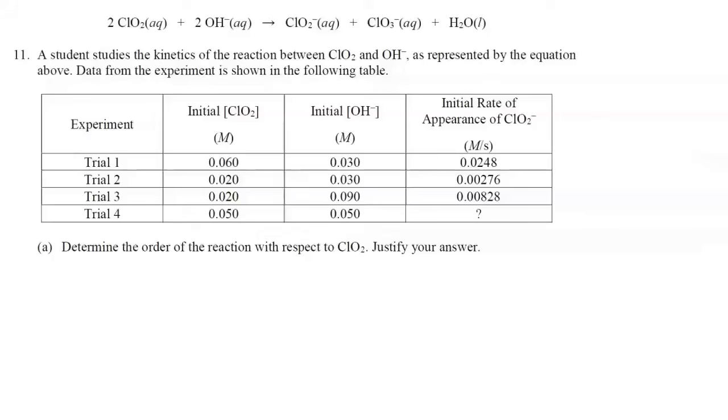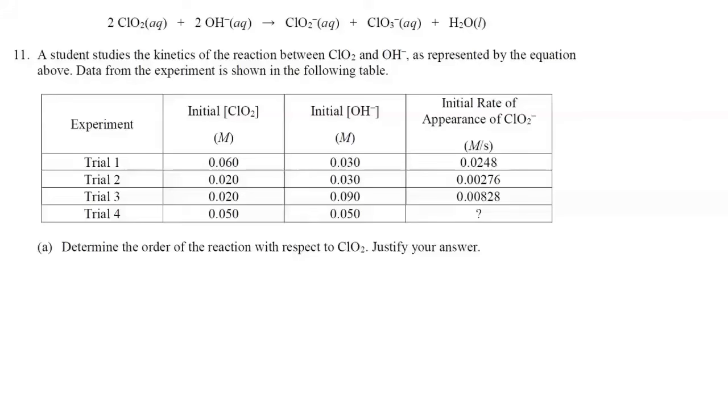A student studies the kinetics of the reaction between ClO2, which is chlorine dioxide, and OH-, which is hydroxide, as represented by the equation above. Data from the experiment is shown in the following table. Part A. Determine the order of the reaction with respect to ClO2.